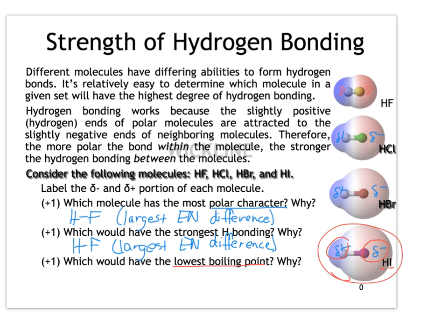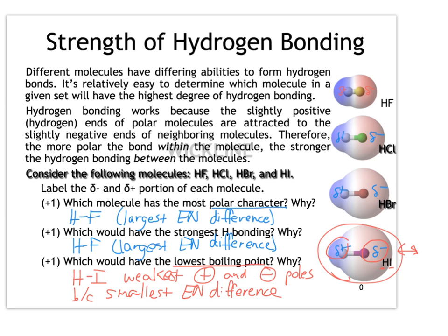And when you introduce another hydroiodic molecule next to it, you would also have the weakest attraction and therefore the lowest boiling point. And so I wrote, you would have the weakest positive and negative poles because of the smallest electronegativity difference between H and I.